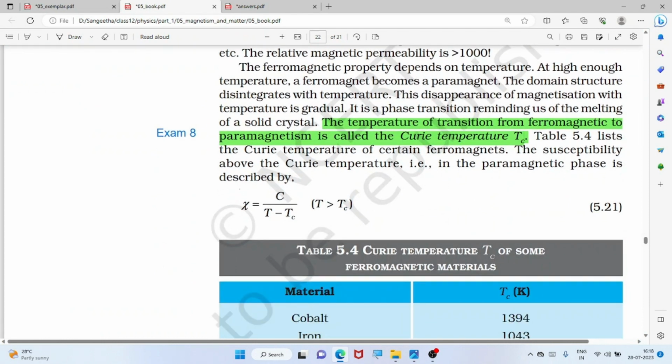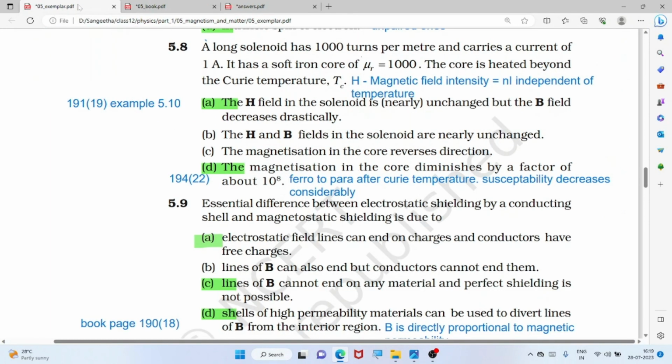See, after the Curie temperature, it will transition from ferromagnetic to paramagnetic, so that it diminishes the magnetic property.